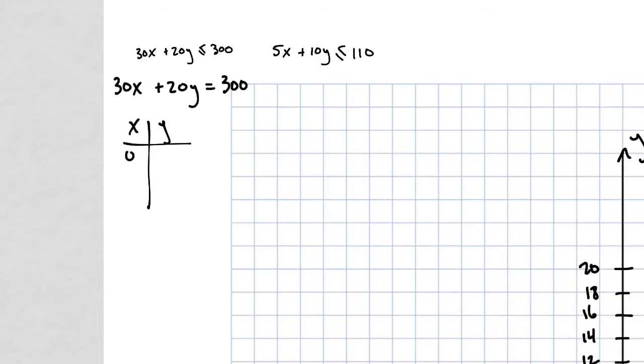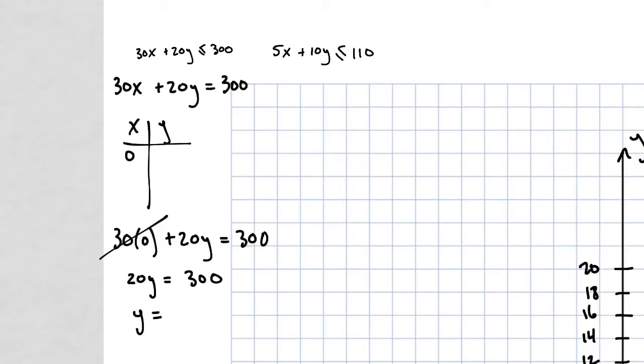When x is 0, what does y equal? 30 times 0 plus 20 times y equals 300. Anything times 0 is 0, so cancel that. What we're left with is 20y equals 300. y equals 300 over 20, so y equals 15. So when x is 0, y equals 15.